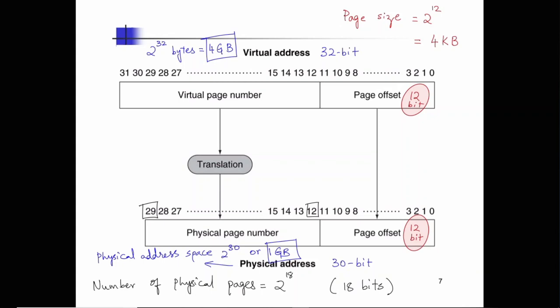Now, in terms of page size, we said it's 4 kilobytes. That's a very typical value. Pages should be large enough so that we can reduce the high access times. Typically, 4 kilobytes or 16 kilobytes is a good size for a page.